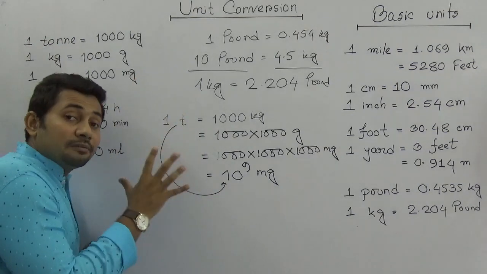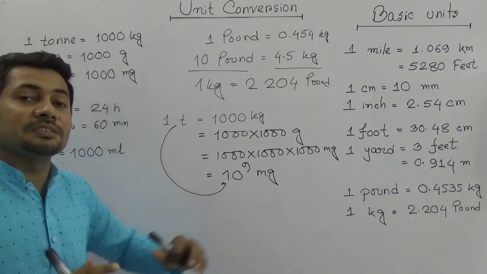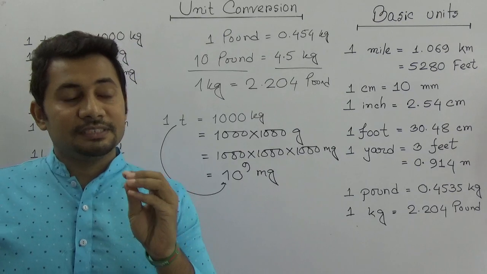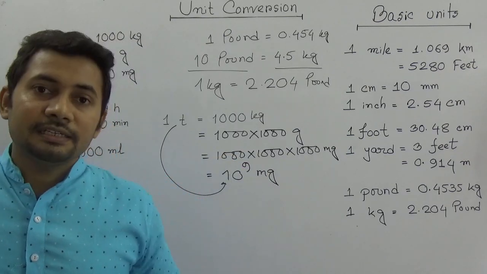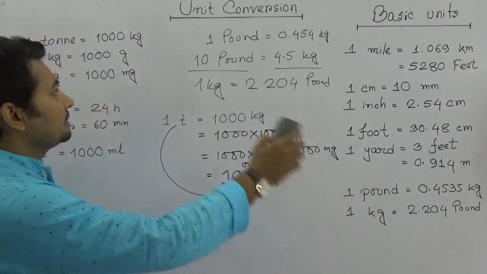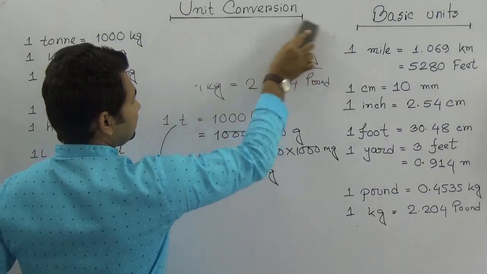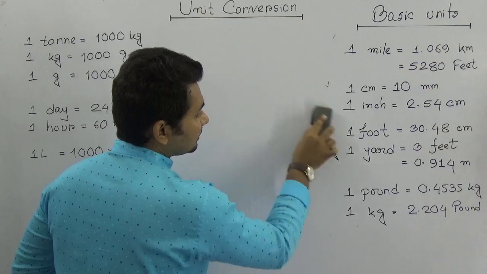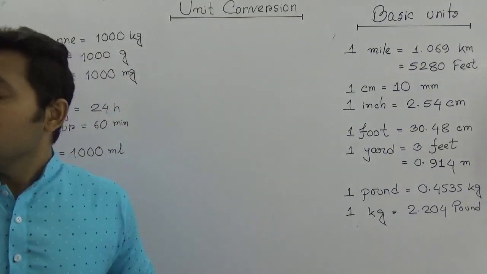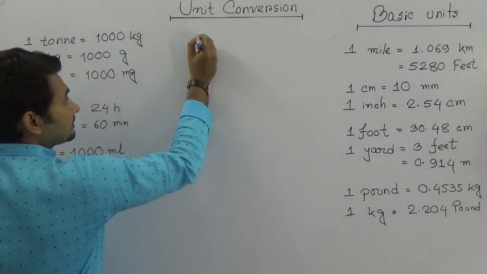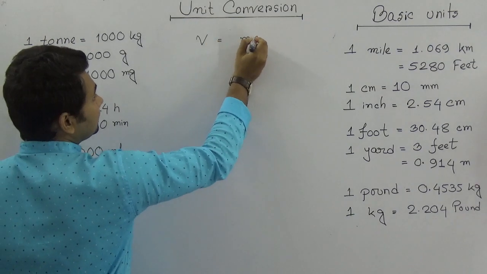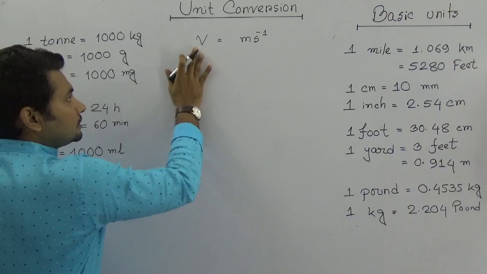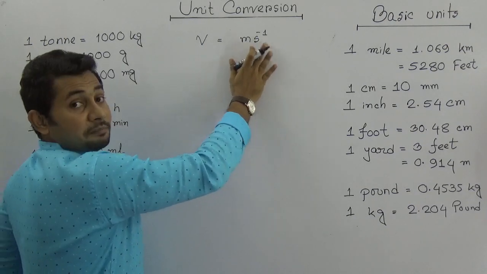So until now I'm explaining things which are easier. Now what do you face in case of studying physics? Usually when we study velocity, the unit of velocity is meter per second.